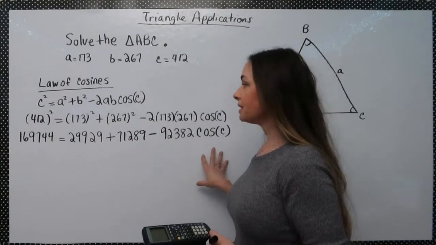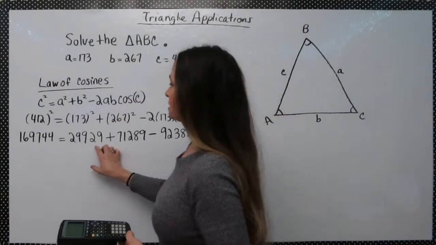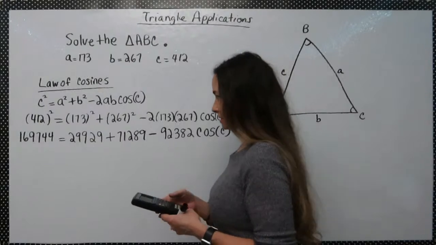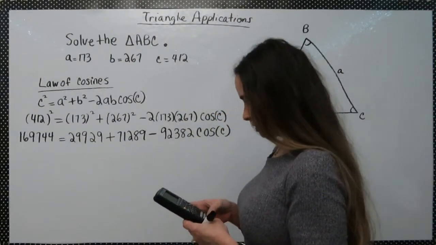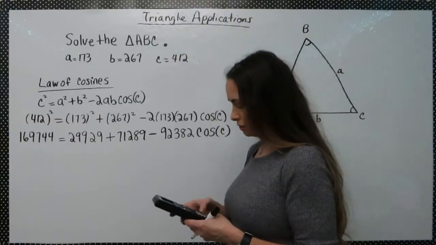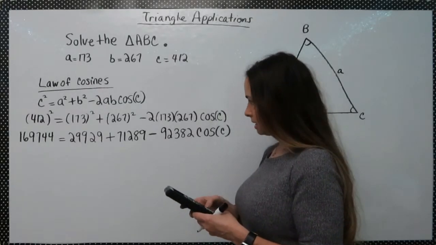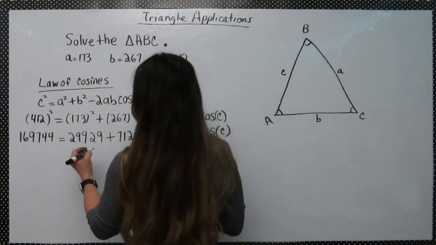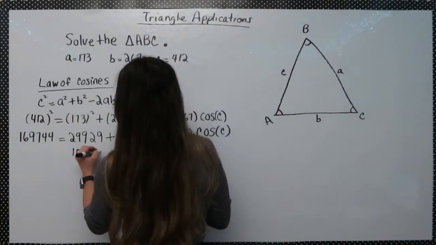What we're going to do is add these two together, subtract from both sides, and see what happens. So the next step, we're just going to add these two values together. 29,929 plus 71,289 gives me 101,218.